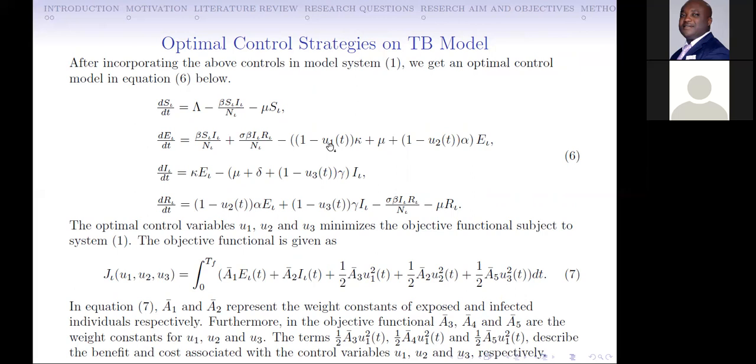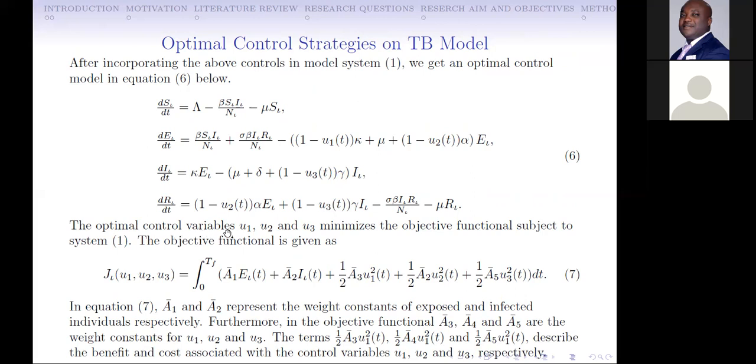Mu1 here represents the personal protection, and Mu2 represents the treatment for the exposed individual, while Mu3 represents the drugs that have been approved for TB.